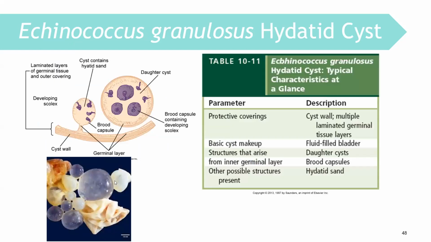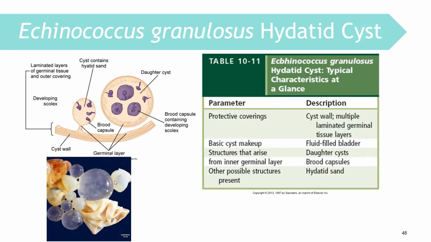Next in line is we have your Echinococcus granulosus. Again, this is an example of an extraintestinal parasite that can lead into a severe type of infection, that is your hydatid cyst. Take note, guys, that Echinococcus granulosus is formerly known as Taenia granulosus.